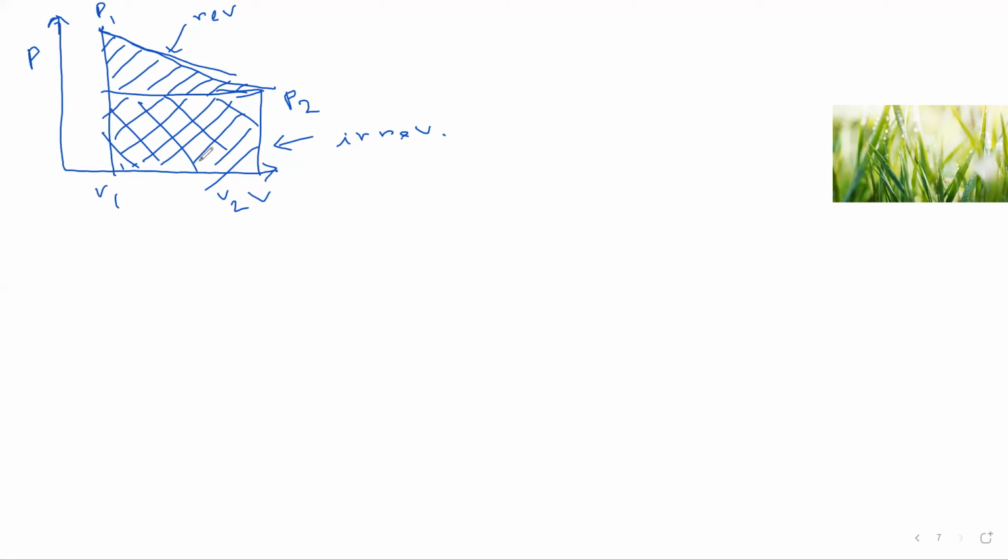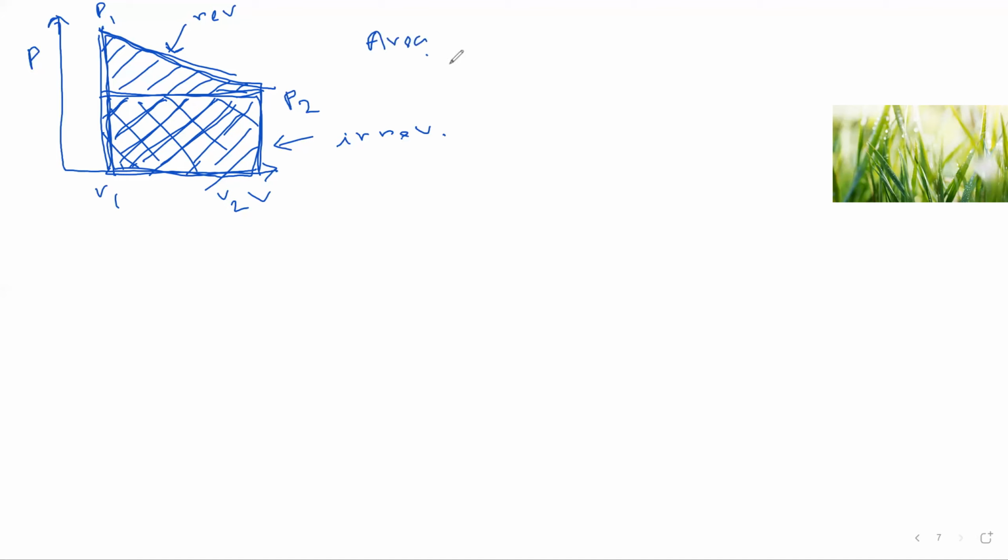And as you can see from these two areas, the reversible process has a big area, like it is covered by the whole thing. And the irreversible process is only this area, this rectangle. So you can see from this diagram that the area for the reversible process is greater than the area for the irreversible process.